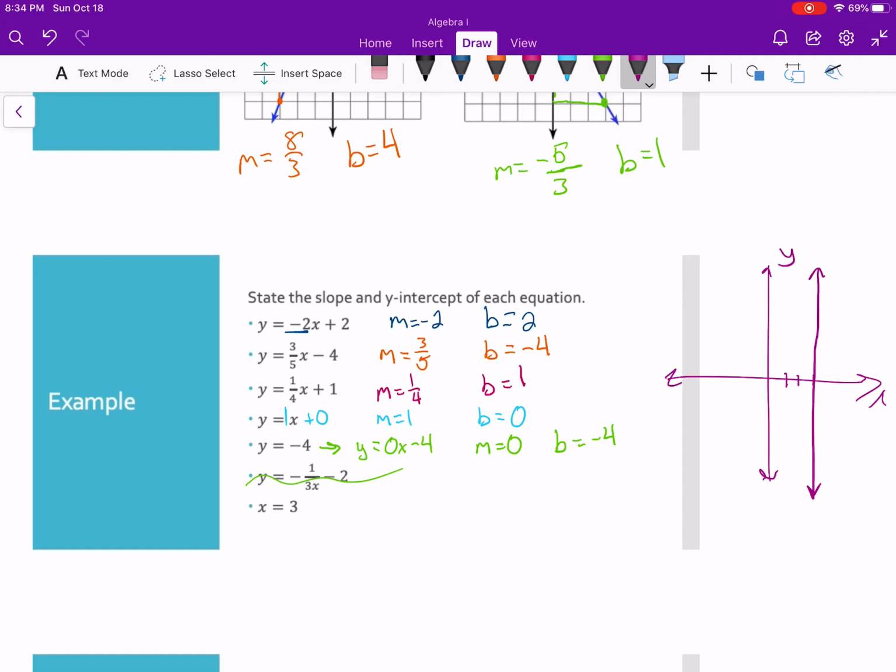And we see, by looking at it, our slope is undefined, because remember, when it's straight up and down, our slope is undefined. And our b value is our y-intercept. Well, it's parallel to the y-axis, so it never actually crosses it. So there is no y-intercept.